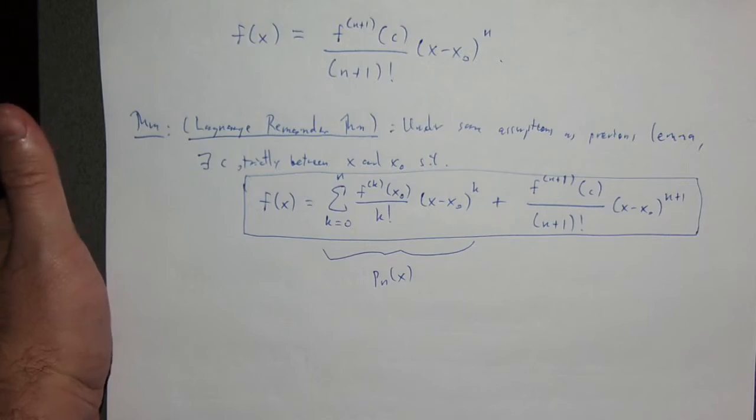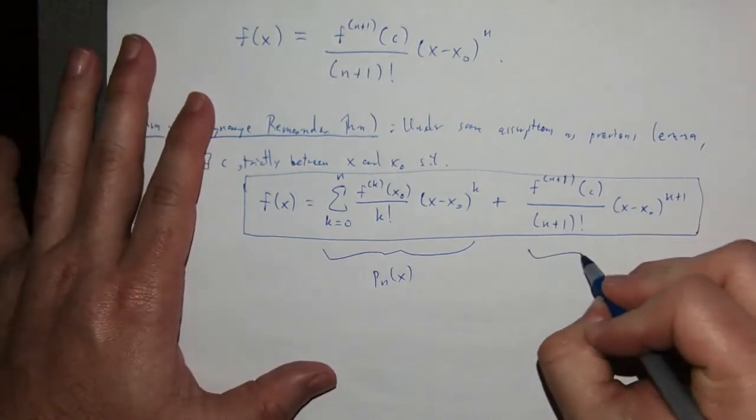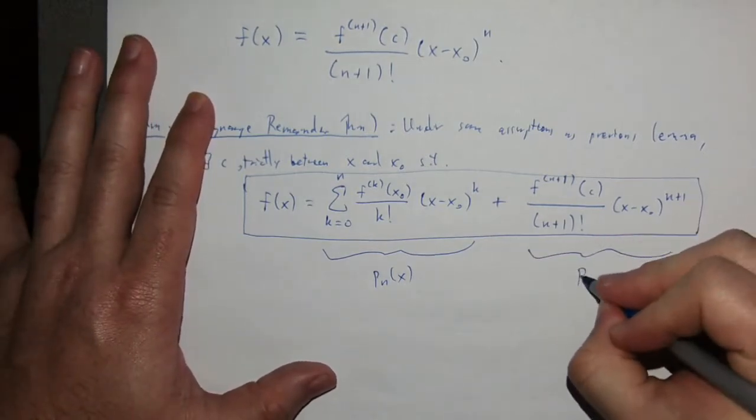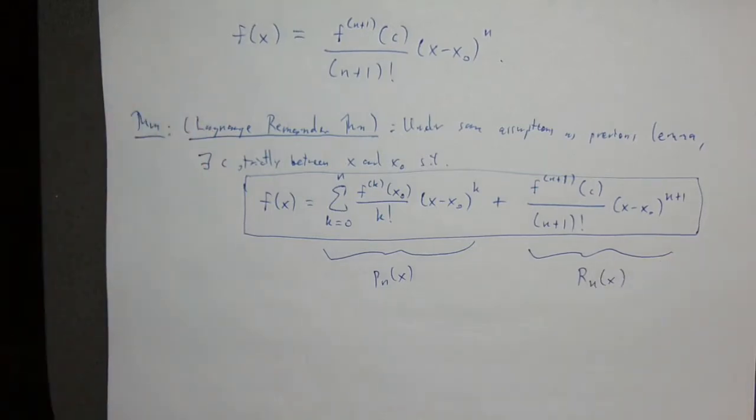What I'm saying is that, using the same notation that I used previously, this is my nth remainder, called the Lagrange remainder term.